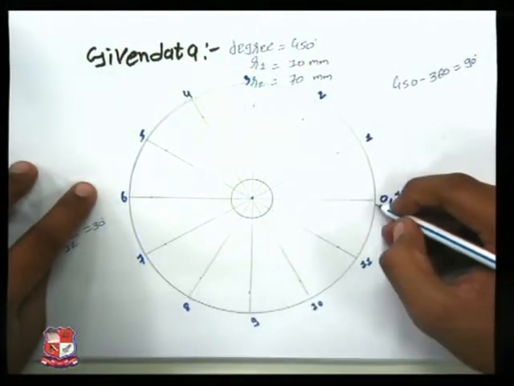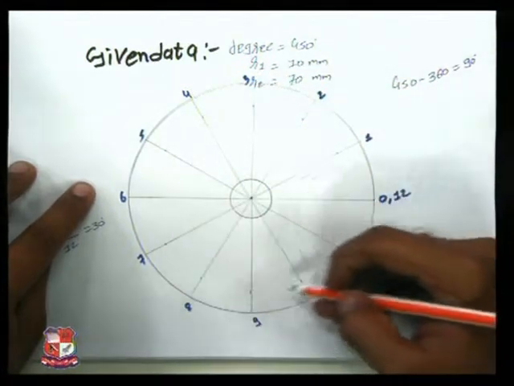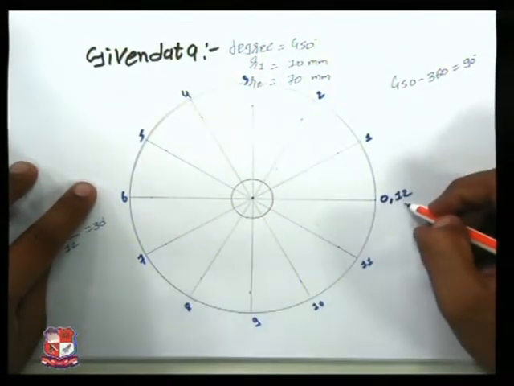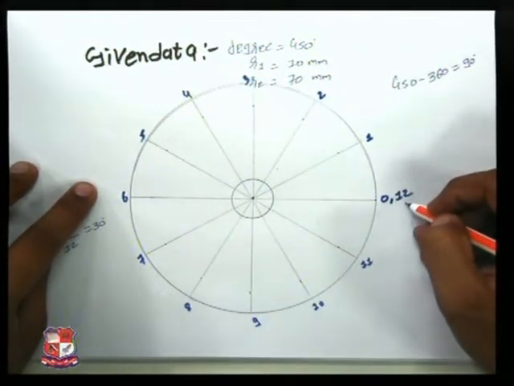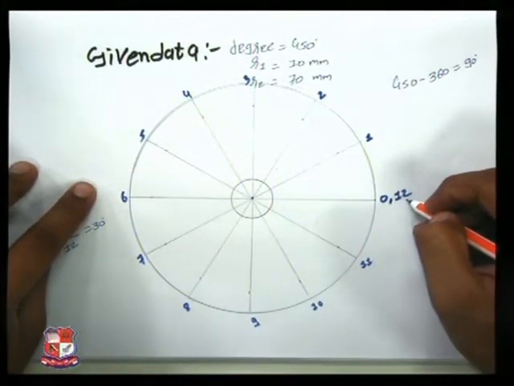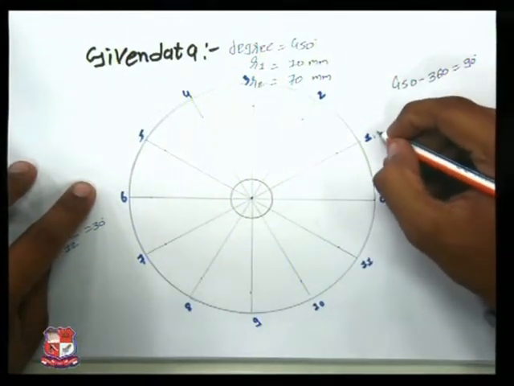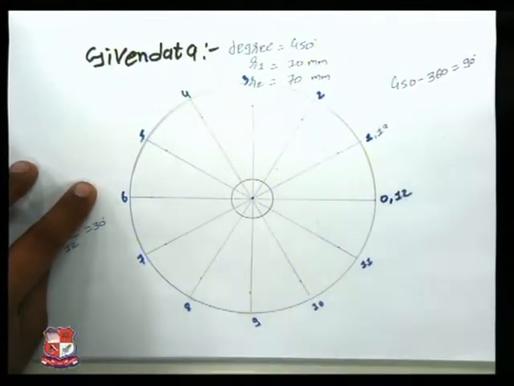We have started from the 0 point and we have completed a 360 degree rotation and we reached over here. We require an additional 90 degrees more. So here are the points.